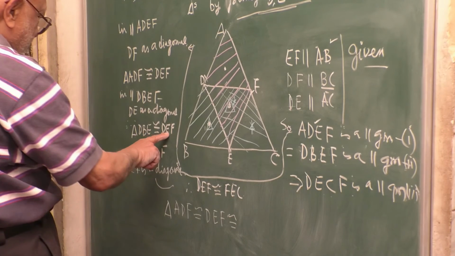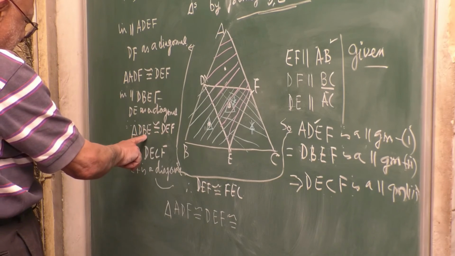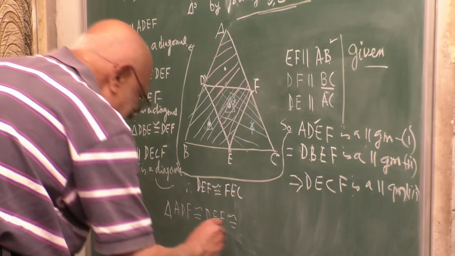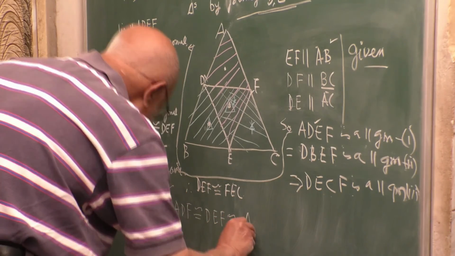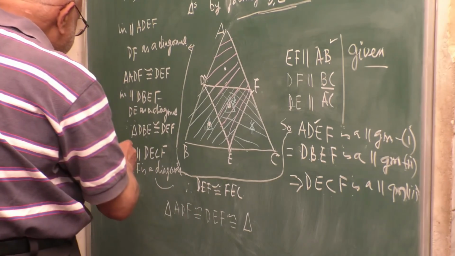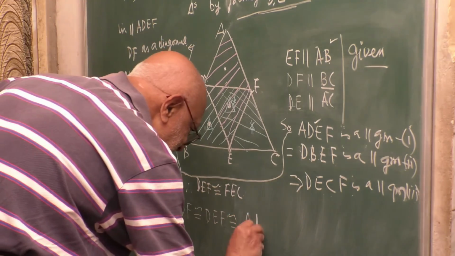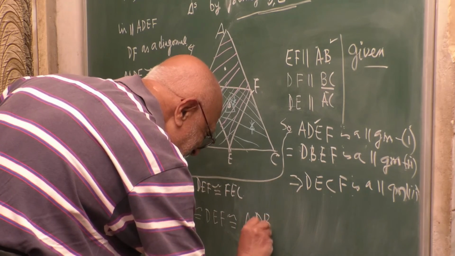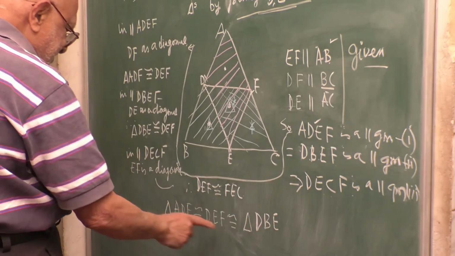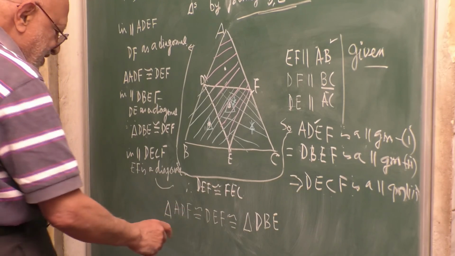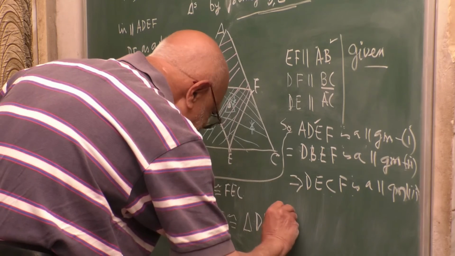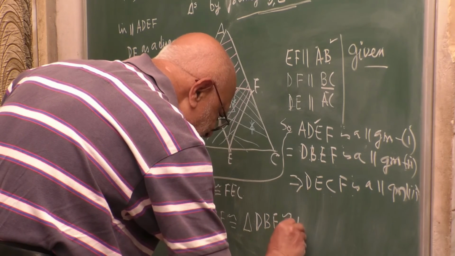So since this is also congruent, I can say triangle DBE, again that is congruent to triangle DEF. This is given, again DEF. Okay, that is again congruent to triangle FEC.